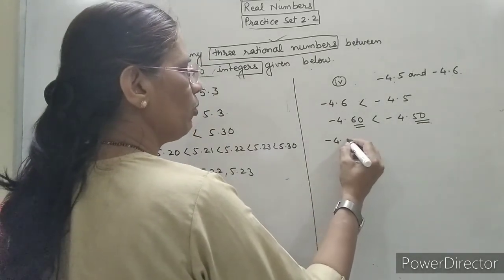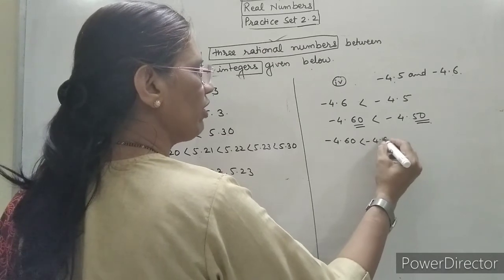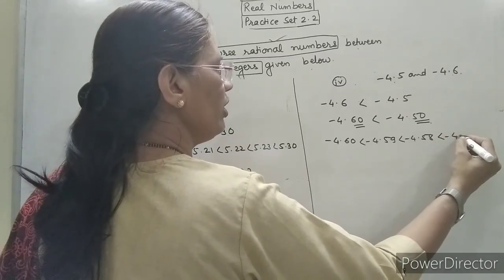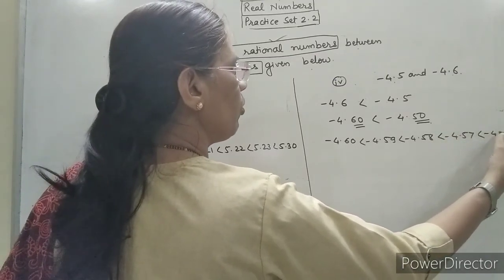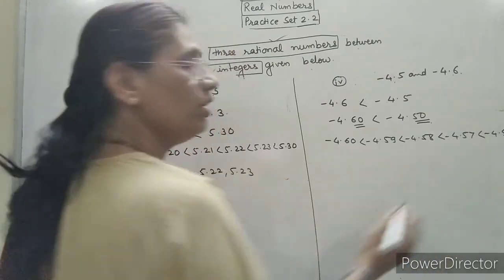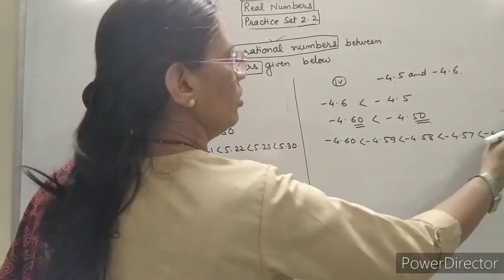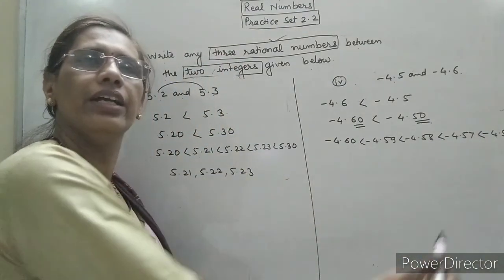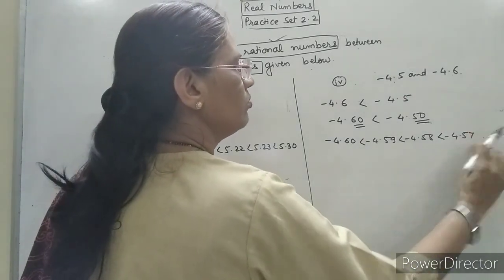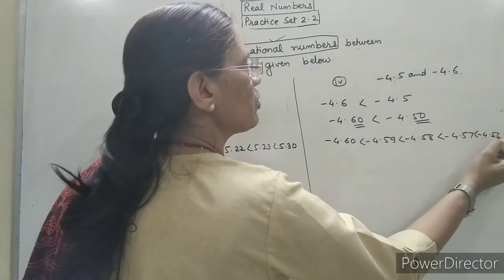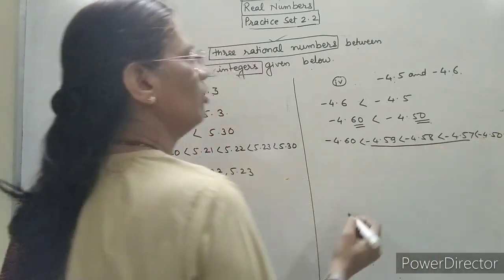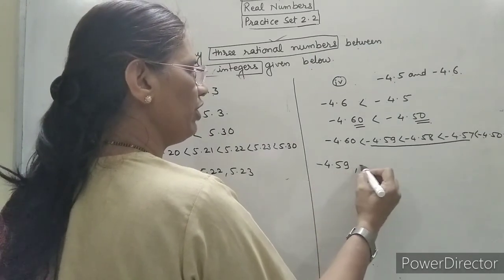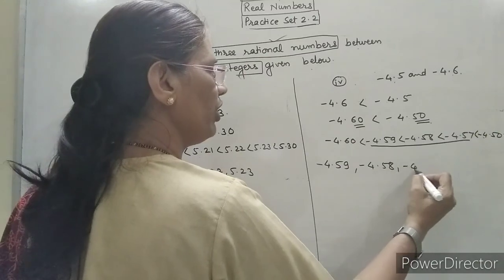So we can write negative 4.60 is less than negative 4.59 is less than negative 4.58 is less than negative 4.57 is less than negative 4.56 and so on, and here we get negative 4.50. Thus we get 3 rational numbers between these two. These 3 rational numbers are negative 4.59, negative 4.58 and negative 4.57.